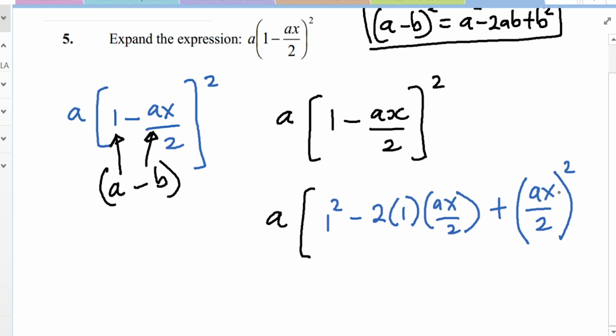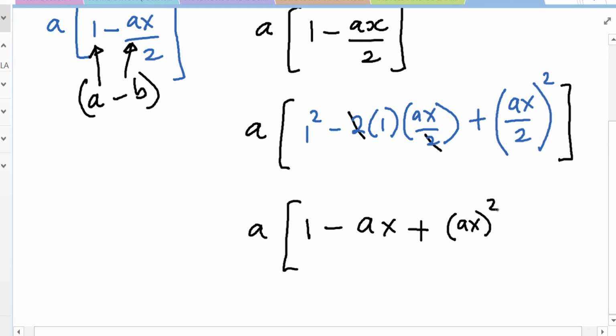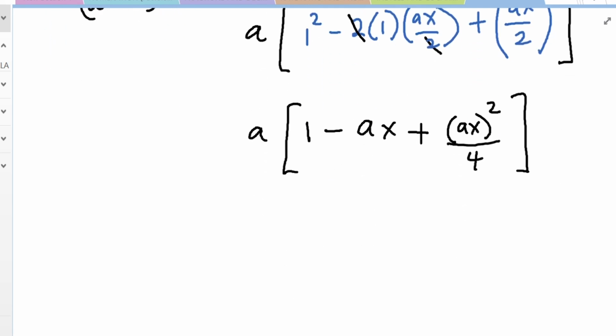So from there, what we have is a into brackets, 1 squared is 1, minus, of course, that 2 and that 2 will cancel, we shall remain with ax. Then it is going to be plus ax squared, this is going to become ax squared, divide that by 4, like that. Of course the rest is just a matter of simplifying.